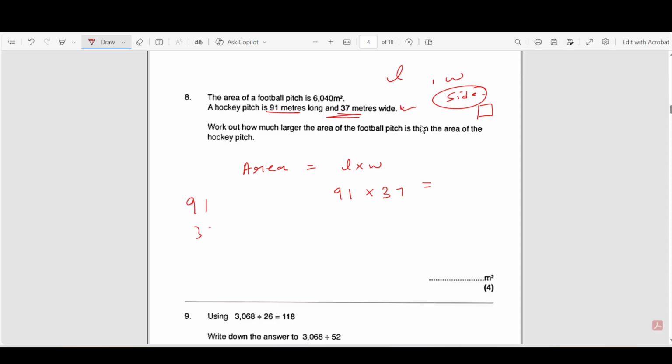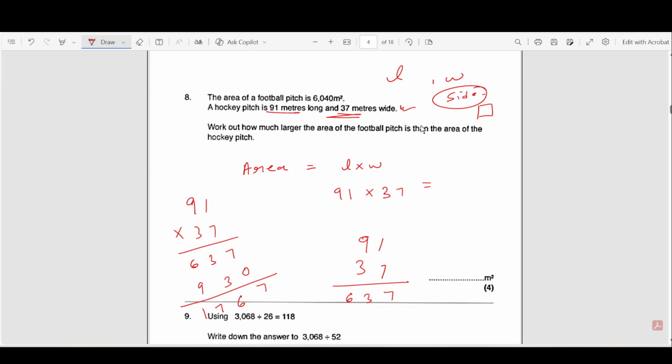If we multiply like this, 7 times 1 is 7, 9 times 7 is 63, then we put a 0. One minute, I think I made a mistake. Okay, let me just do it here. 91 times 37. 7 times 1 is 7, and then 9 times 7 is 63.